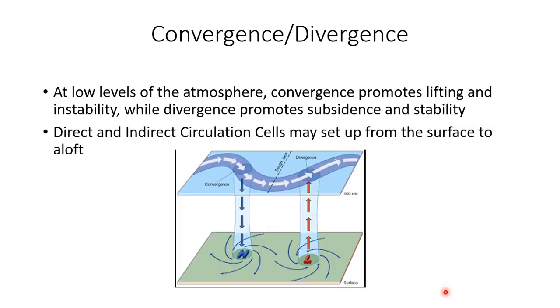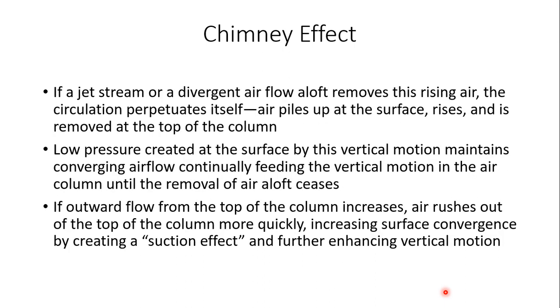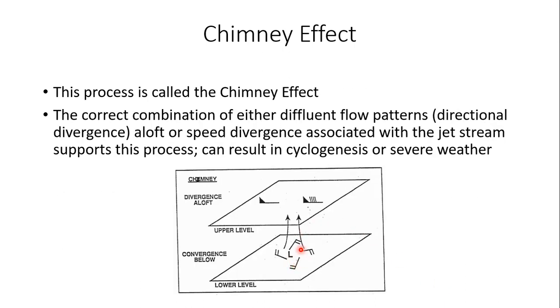We also talked about the connection of the low levels of the atmosphere, our surface highs and surface lows, with the upper levels of the atmosphere, the divergence and convergence, setting up these direct and indirect circulation cells. Then I covered the chimney effect, generally associated with low pressure at the surface and low level convergence, rising vertical air motion, and removal of mass aloft.